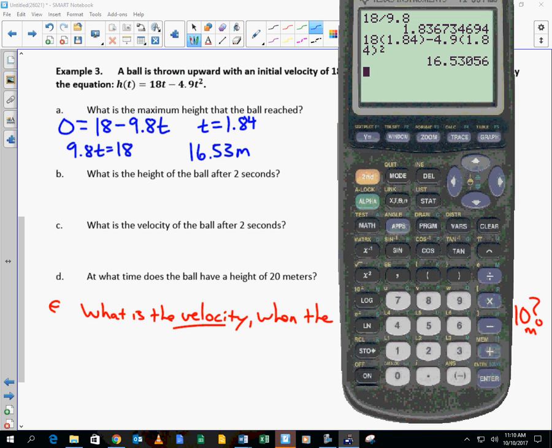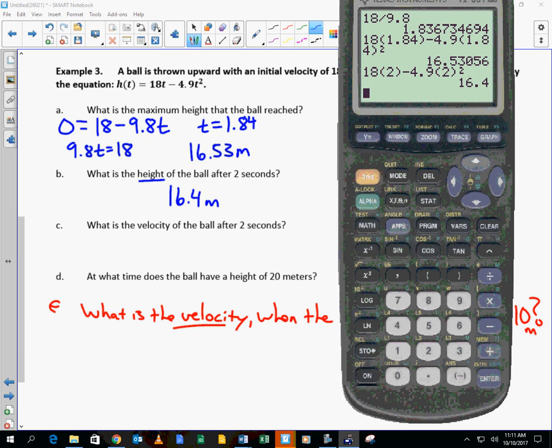What is the height of the ball after 2 seconds? How would I figure that out? Nope, since it wants to know the height, I plug it into the original. I get 16.4 meters.